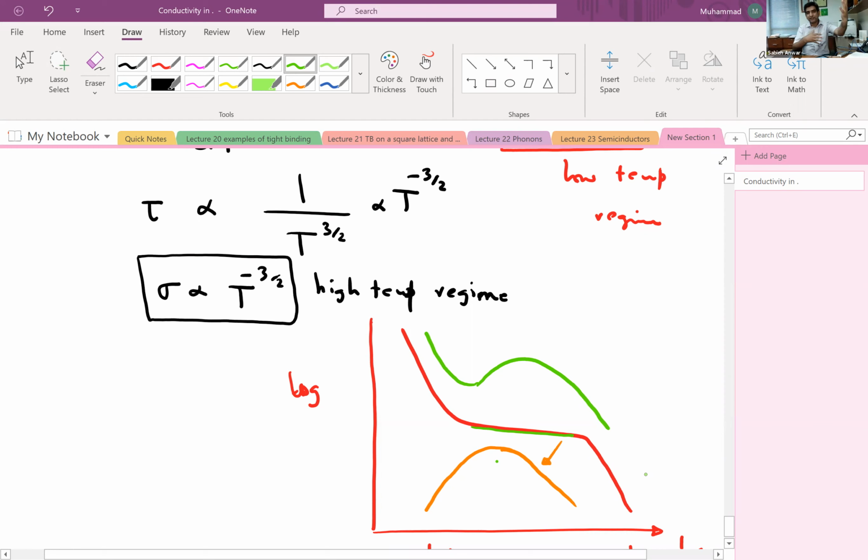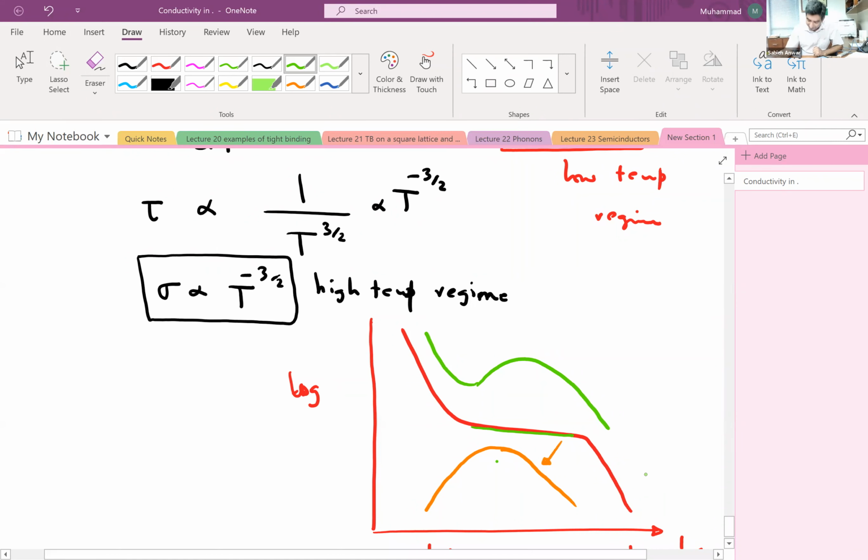Whereas in the extrinsic regime, which is the regime at which you would like to make an extrinsic semiconductor work, the mobility is determining the conductivity of the semiconductor because the charge carrier concentration remains almost constant.